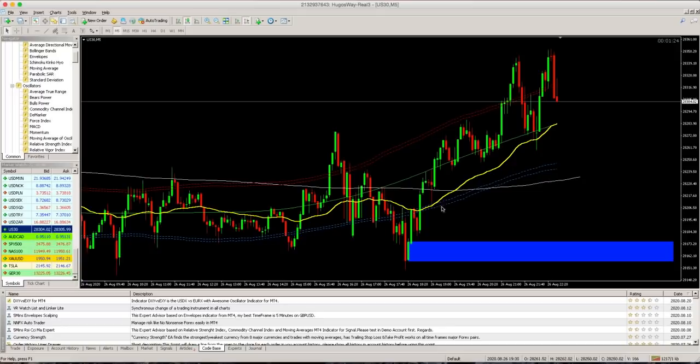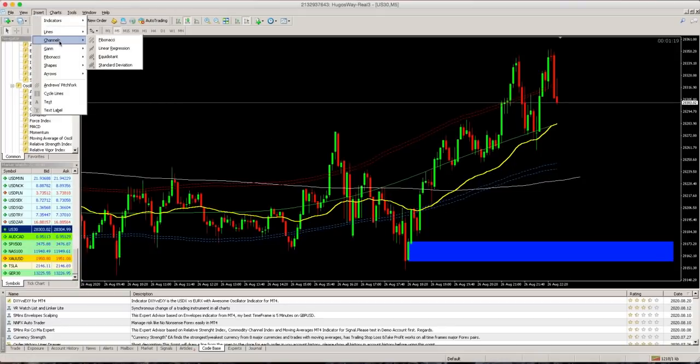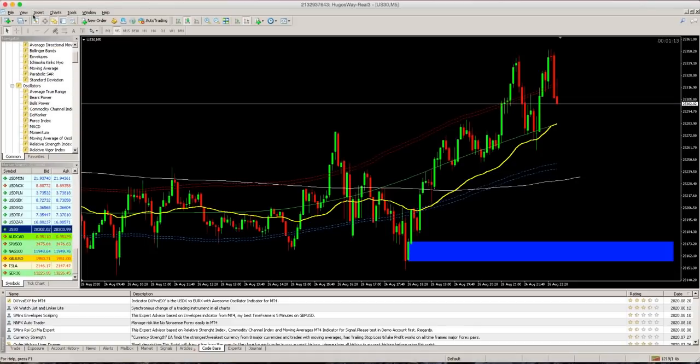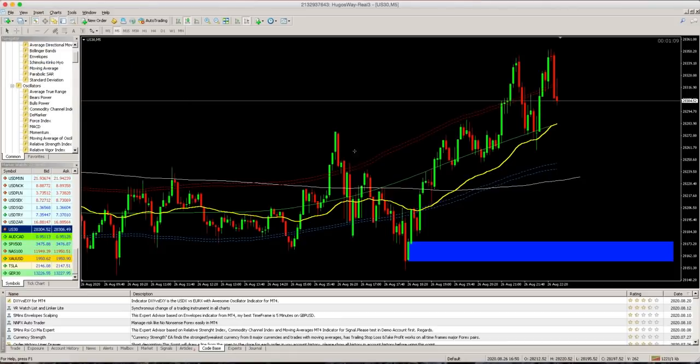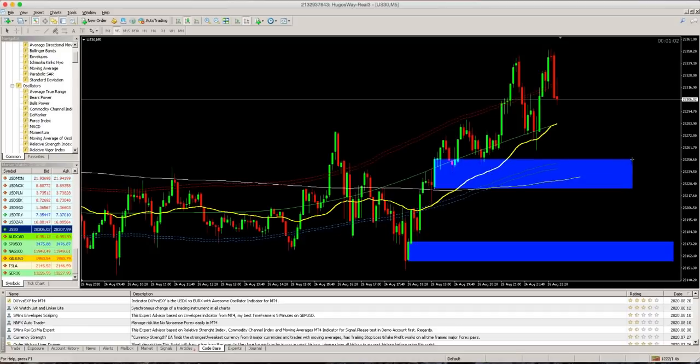So this will be a structure level. And you guys can almost bet this works. All right. Remember, every pullback is considered a new structure level. So from the wick up to the body, not wick to wick to the body.